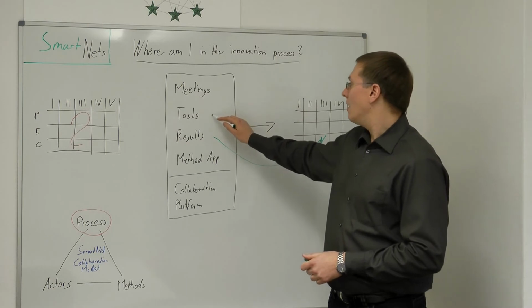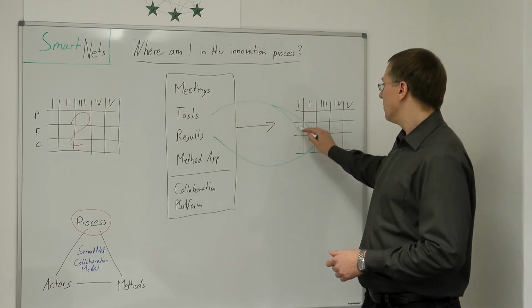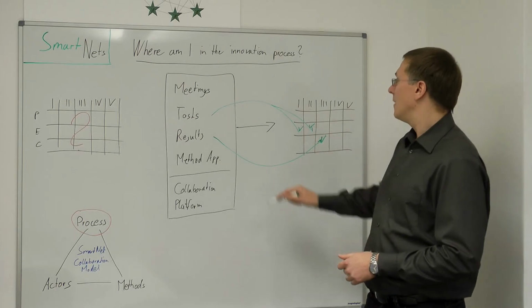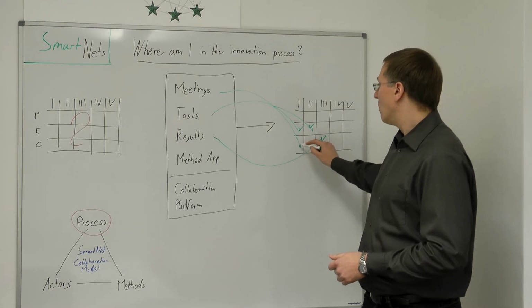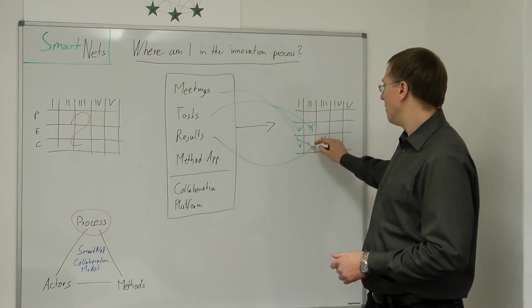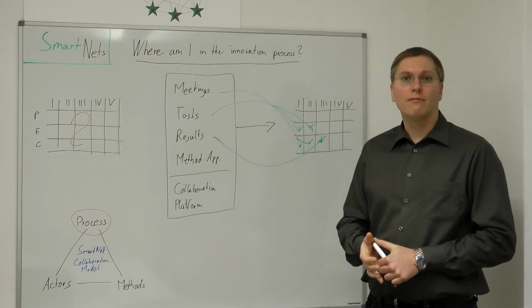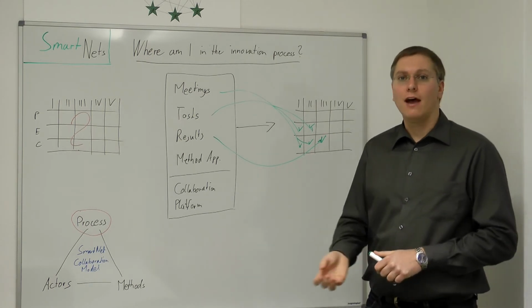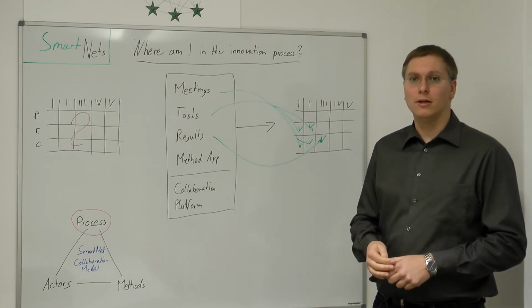Or there have been tasks related to here and related to here. So this is also done. And perhaps there was a meeting here in the control phase, or perhaps here. So with that, you get a picture of where you are in the innovation process, what you have to do, what is still open, and what you have already accomplished.